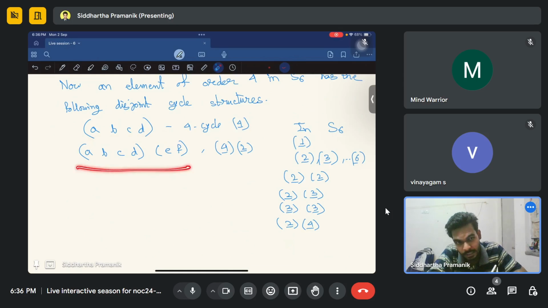But this is an even permutation, and this has order 4. So we only need to count the number of elements of this form.